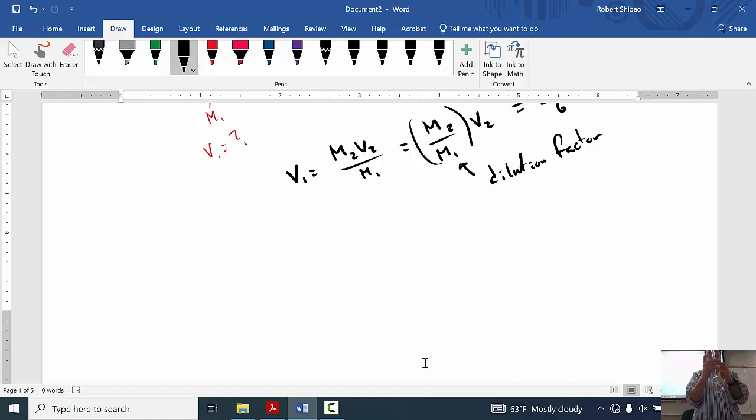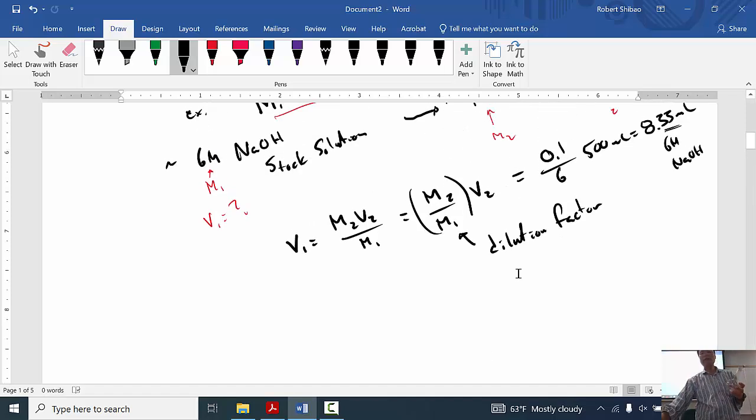If I'm going to err, I'd rather overshoot. I'd rather make the sodium hydroxide more concentrated than less concentrated, but not by too much. And so 8.5 is fine, up to 9 is fine. And then I'm going to pour it in here. And then I need to dilute it to a final volume of 500 milliliters.